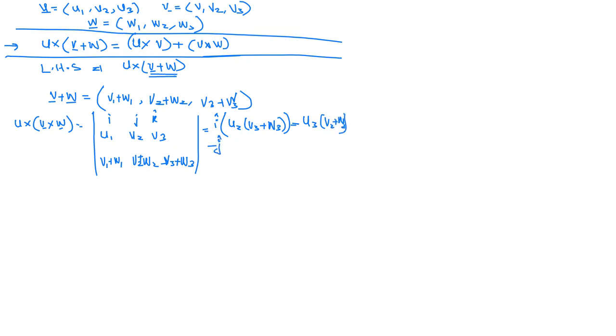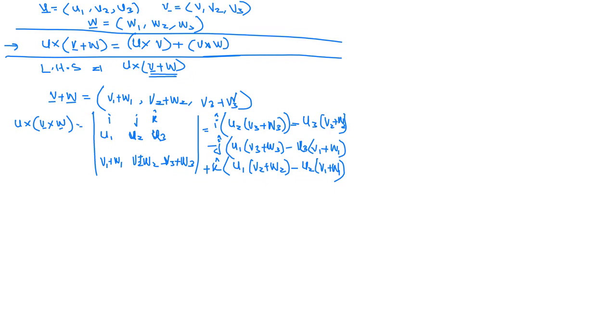Similarly, you can find for j: u1 (v3 plus w3) minus u3 into (v1 plus w1). And similarly for k, that is equal to u1 (v2 plus w2) minus u2 (v1 plus w1).